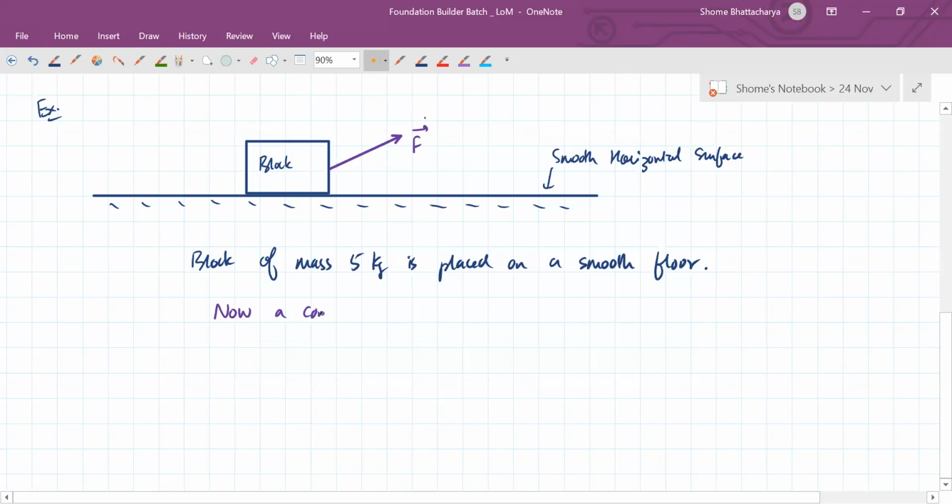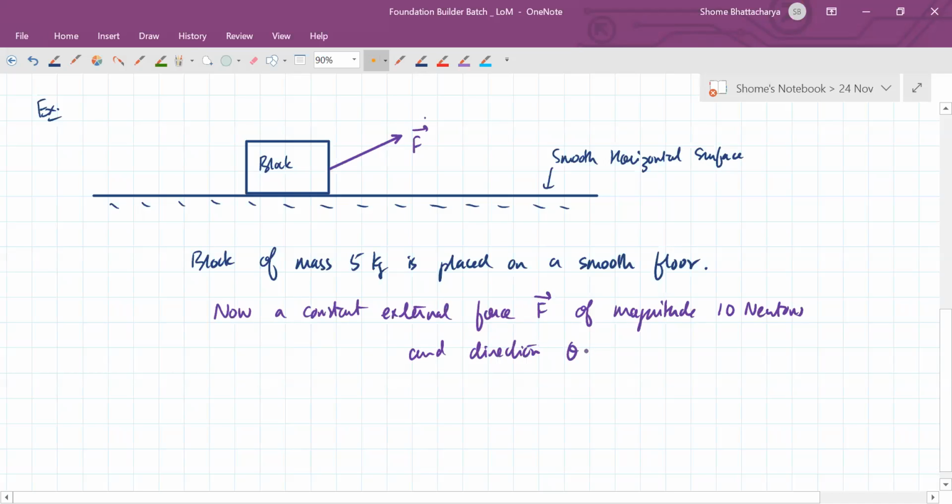A constant external force F of magnitude 10 newtons and direction theta equal to, say, 37 degrees with respect to the horizontal starts acting on it.